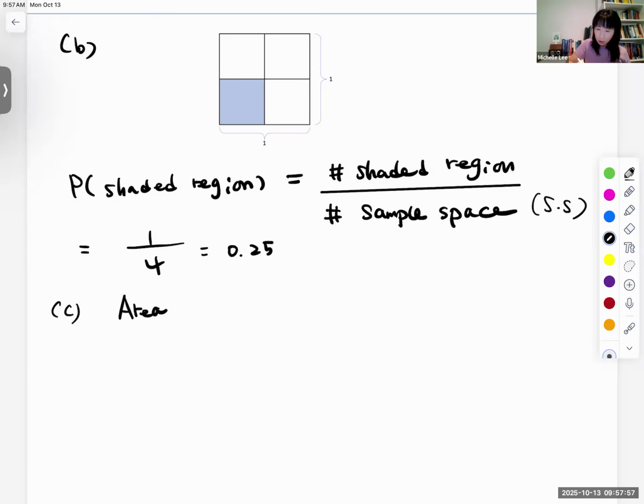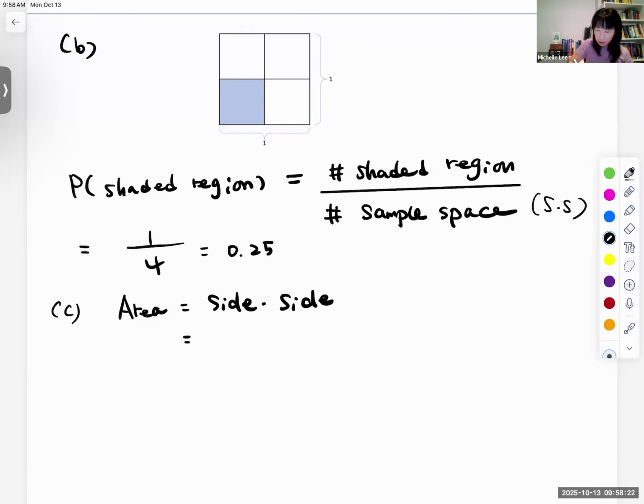So what's the square? This looks like a square, right? What's the area of a square? Length times width, or side times side, because in a square all sides are the same. So side times side.